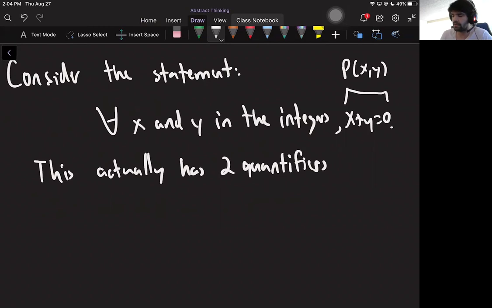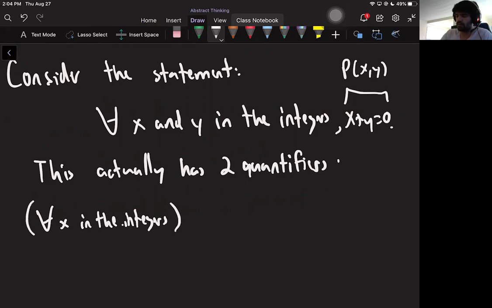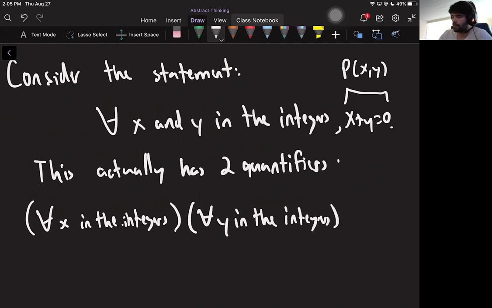But really, we could think about it in a different way, which is something like this. For any x in the integers, and then I'm going to use parentheses just to separate the quantified things. So this is really saying for any x in the integers and for any y in the integers, p of x comma y.